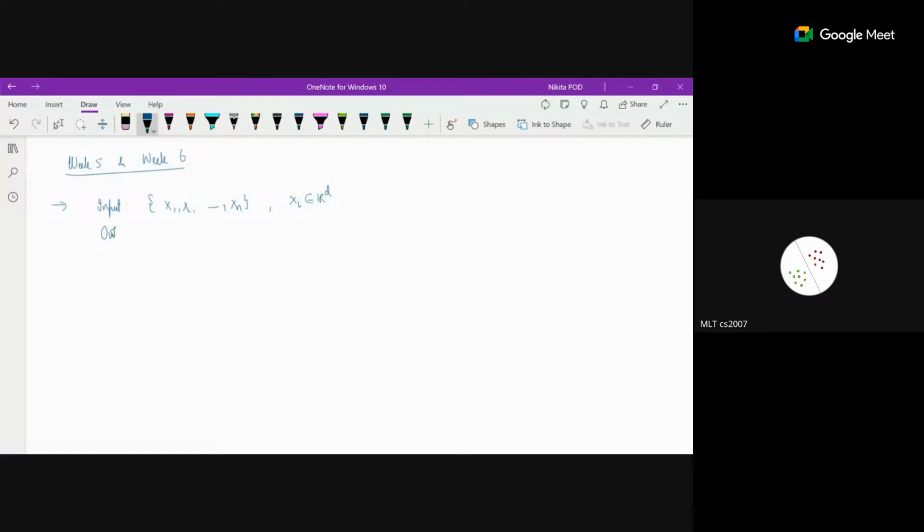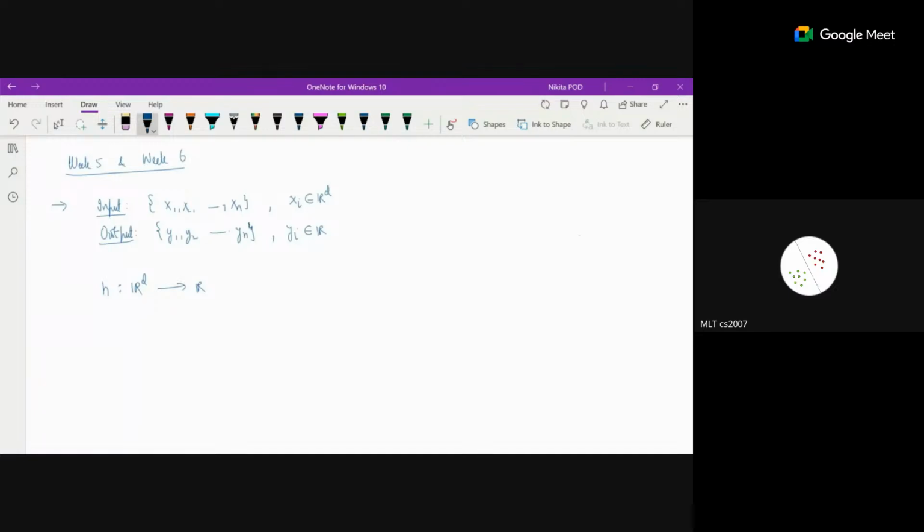And the output that I had was y1, y2 up to yn, and each of these yi belongs to R. Now our goal was to learn this function h, which was defined from R^D to R. And by learning, we mean that on our training data, we will learn this model, and then we will try to see how this model works given any new feature, any new data set.